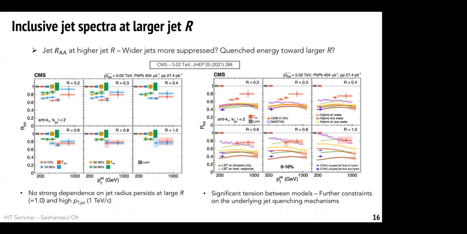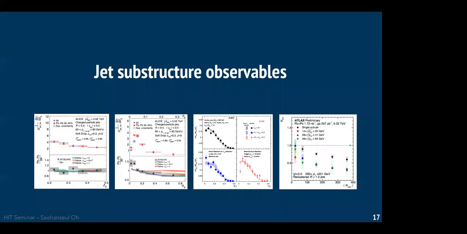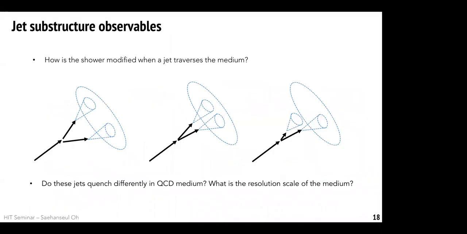So this is the summary of jet spectrum measurements in heavy ion collisions. Now let's move to jet substructure observables. With jet substructure observables, probably the most basic question is how the jet shower is modified when a jet traverses the medium.